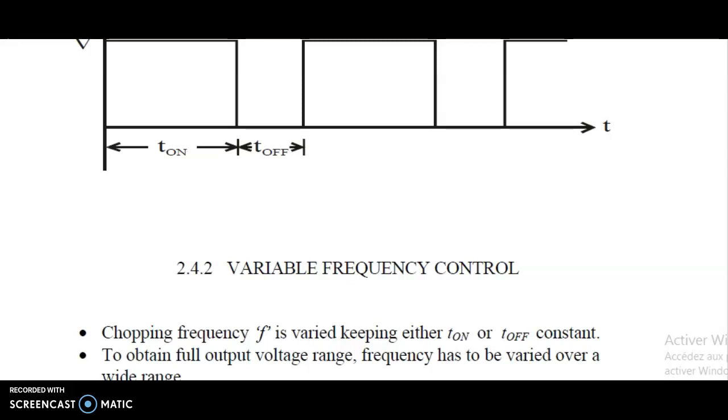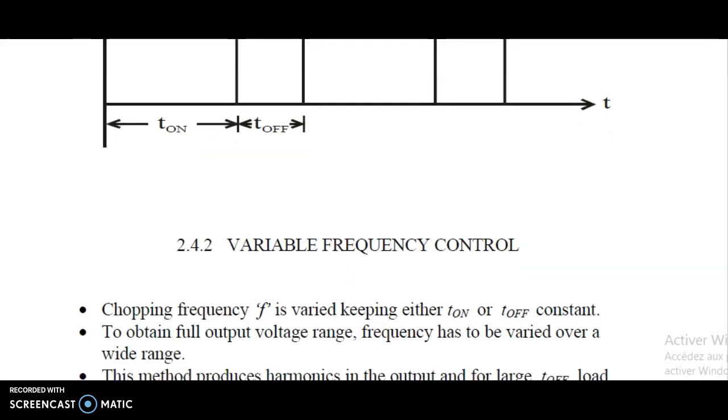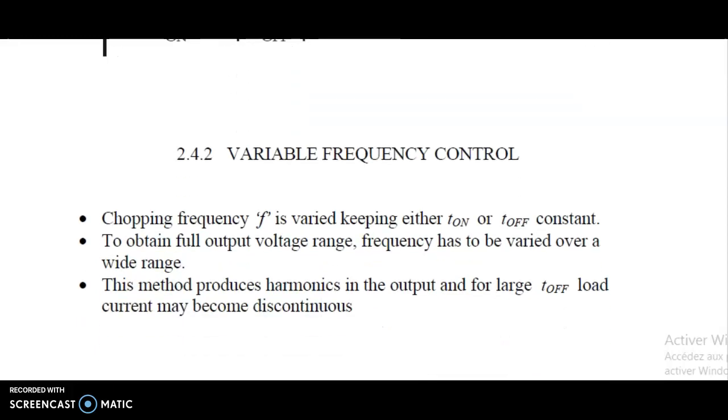Variable frequency control. We are varying the chopping frequency, keeping T on or T off constant. To obtain a full output voltage range, frequency is to be varied over a wide range.